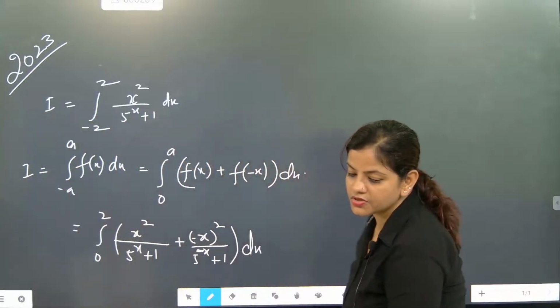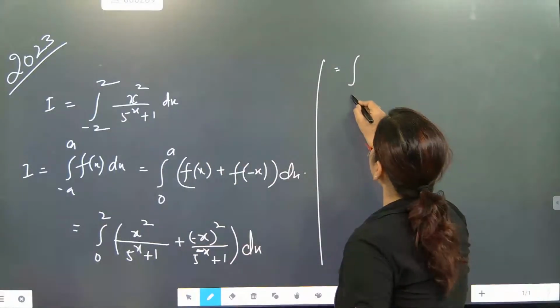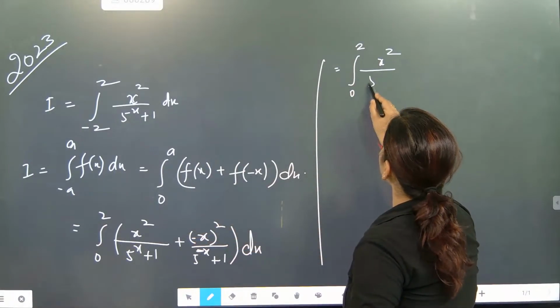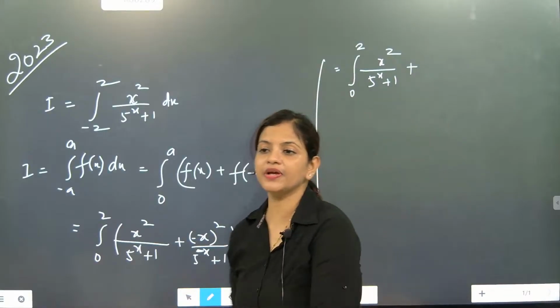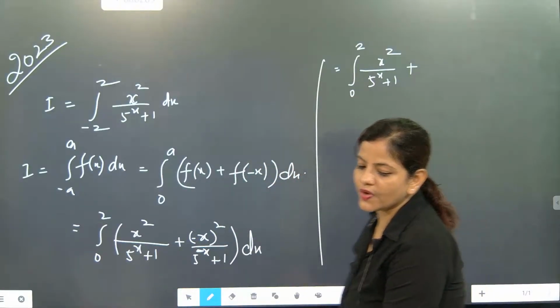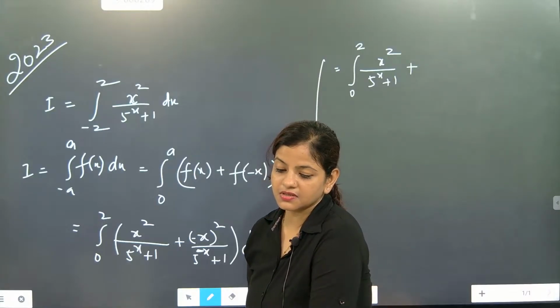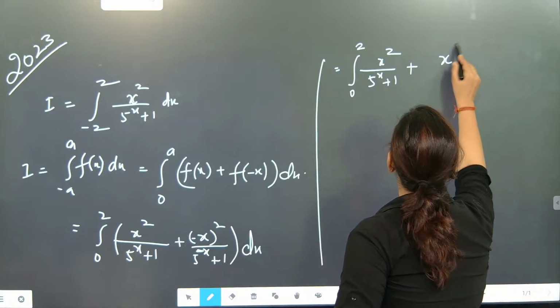So it will become 0 to 2, here x square, here it will become 5 to the power x plus 1 plus negative x square will become x square only. Negative square will become x square. Now here x square.